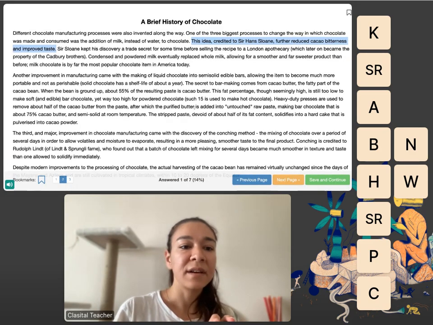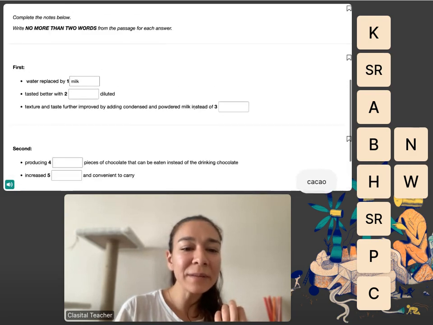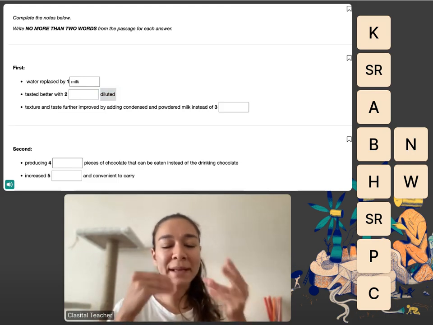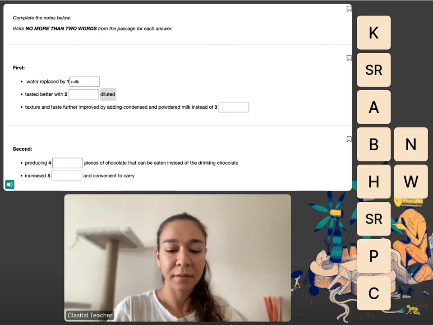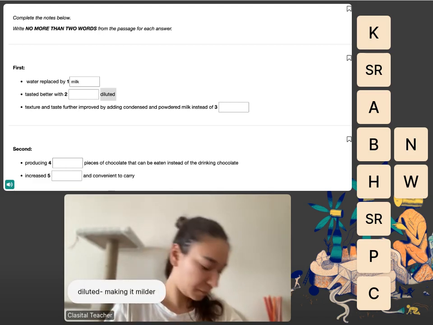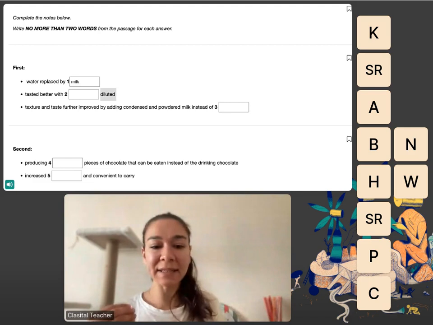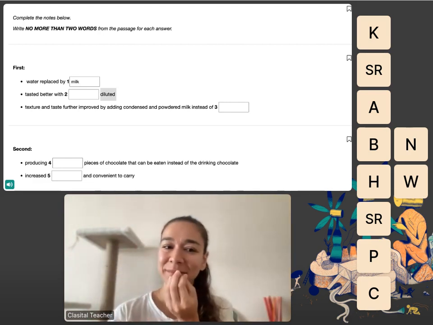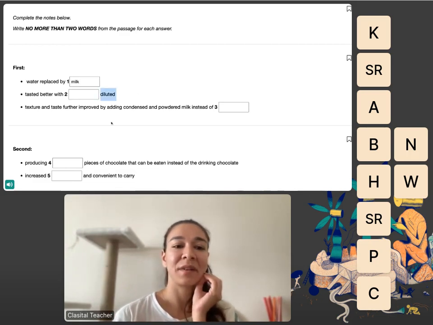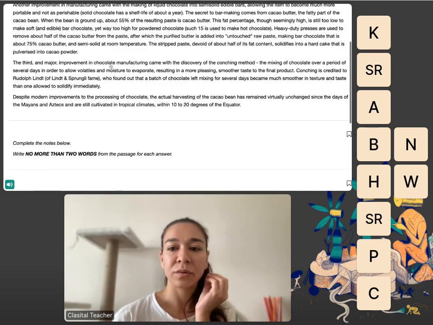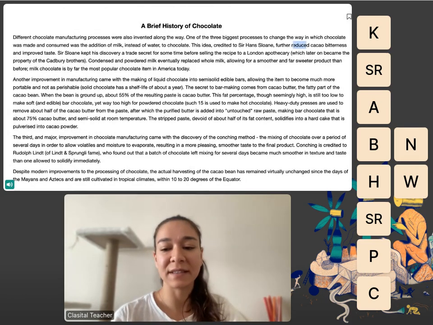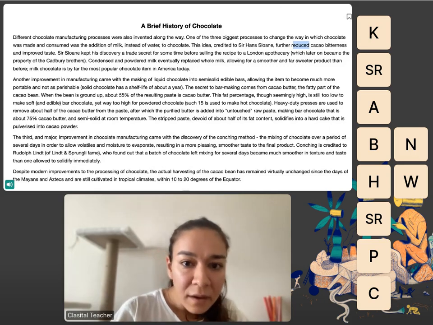It says tastes better with diluted means, let me write it from the chat. Diluted means making it milder. So making something less, reduced. So yes, in here they used a paraphrasing for the diluted.